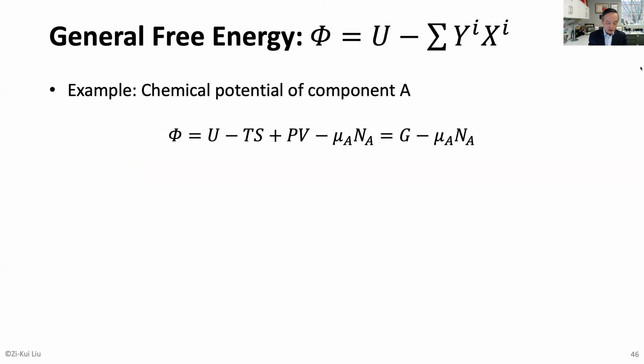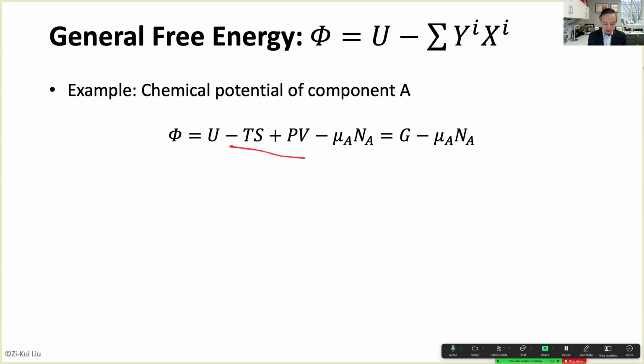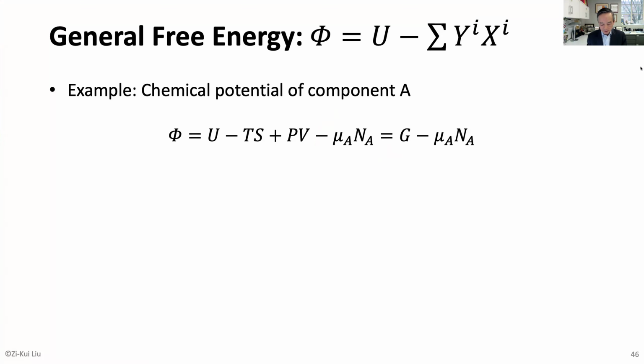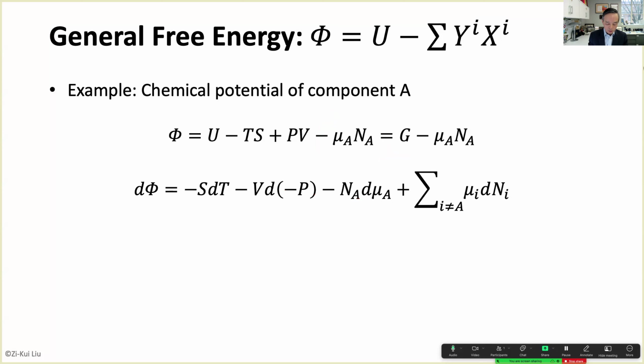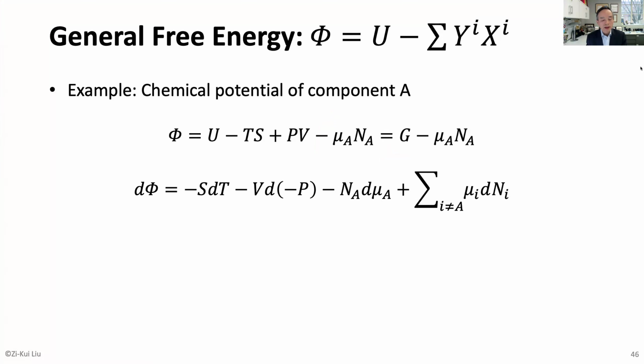So we subtract the chemical potential times N_A, then we derive the equation. Now, the natural variables are temperature, pressure, and another chemical potential. Now we have three potentials as natural variables.